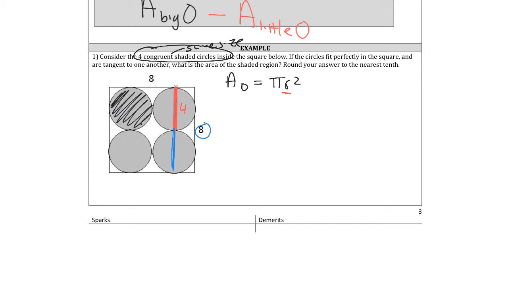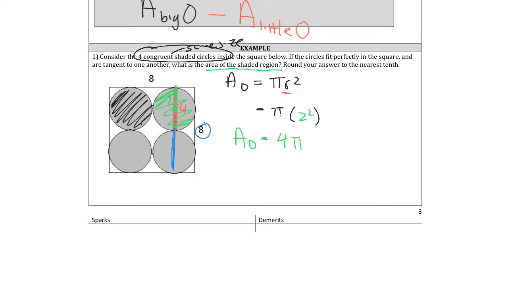I need the radius. So my radius is from the center to the edge. That is 2. So for the area of one of these circles, I have to do pi times the radius of that circle, 2 squared. So that's equal to 4 pi. So the area of this circle is 4 pi.